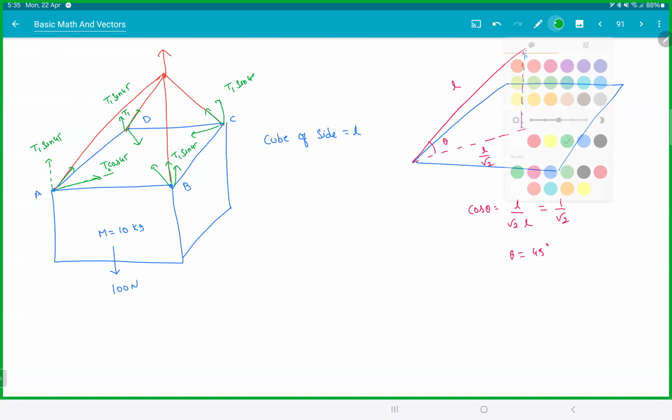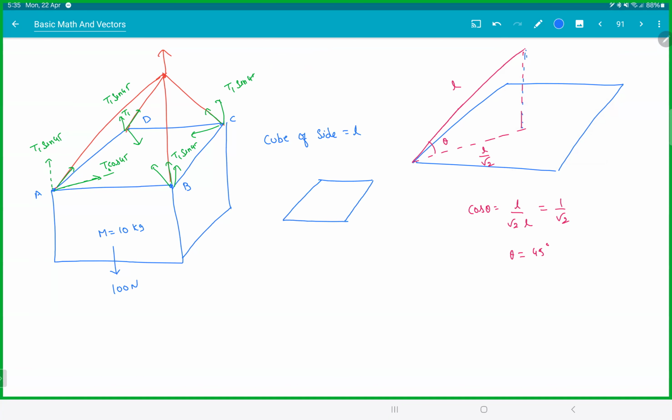On a square, this is how it would look. The cos 45s will cancel, and the sin 45s will balance the weight mg.